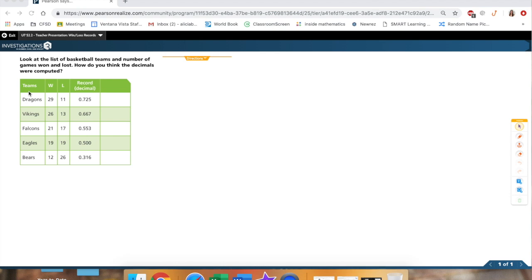How do you think the decimals in the last column are computed? What do you think they mean? And look at the relationship to the numbers of wins and losses. Okay, so let's find some decimal equivalents on this problem. I'm going to let you look at it for a little bit and try to figure that out.